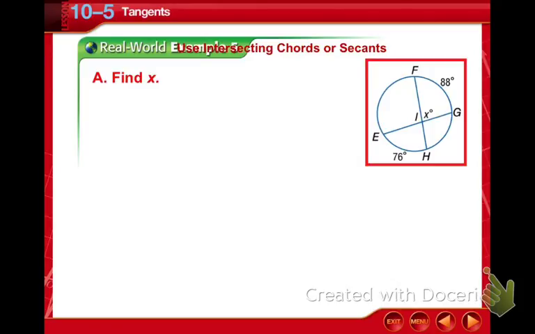So here we have 88 as our FG arc, EH is 76. We're trying to find x, the angle inside. Because we're trying to find the interior angle, or the angle inside that they intersect at, that's going to be 1/2 of the 88 plus the arc that its vertical angle intersects, the 76.